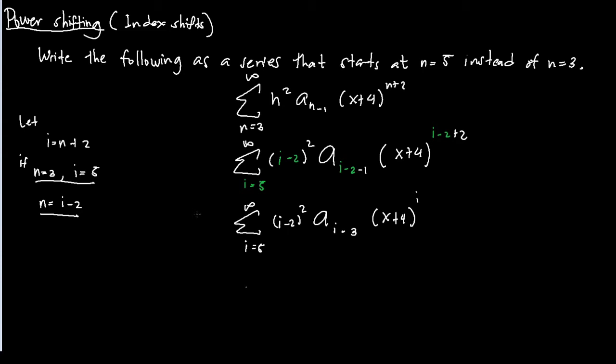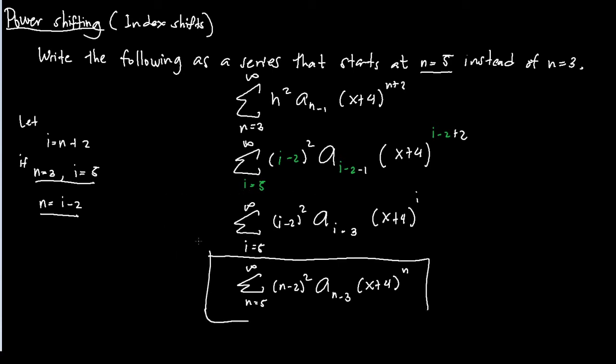But in order to make it consistent with our instruction that it should be n equals 5, let's just use n. So squared, n minus 3, x plus 4 raised to n. And that's our shifted power series.